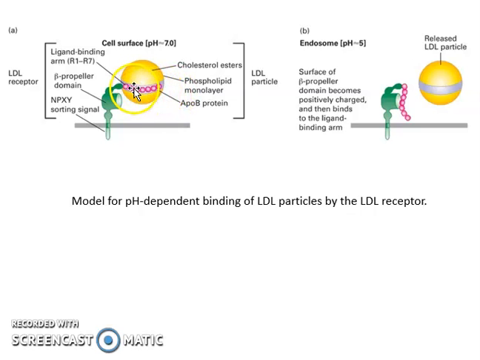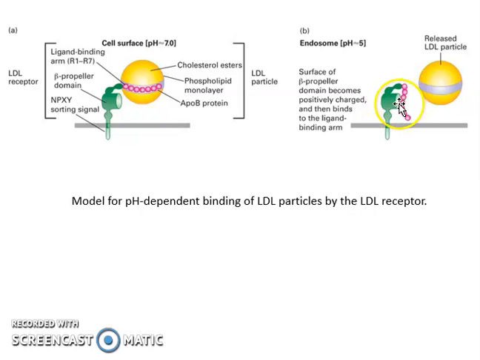So when this LDL receptor and LDL particle enter the endosome, which has acidic pH, that is pH 5, at this pH the beta-propeller domain, which contains histidine residues, gets protonated and becomes positively charged. And the ligand binding arm has some negatively charged residues.